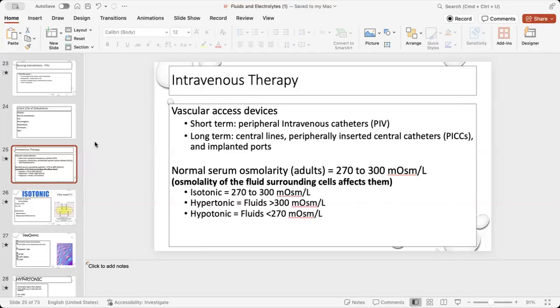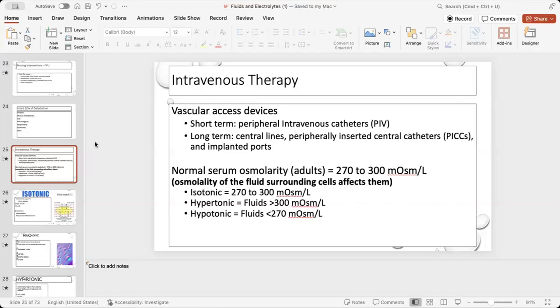What about long-term? Long-term vascular access devices: central lines, PICC lines, ports. Chemotherapy. What else do we use long-term? Chronic conditions, like what? Possibly heart failure, because what might we have to give frequently?